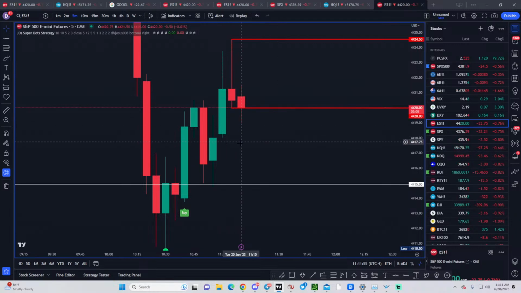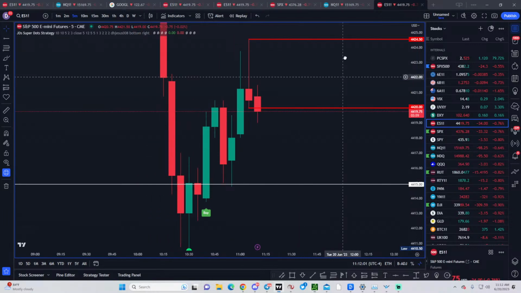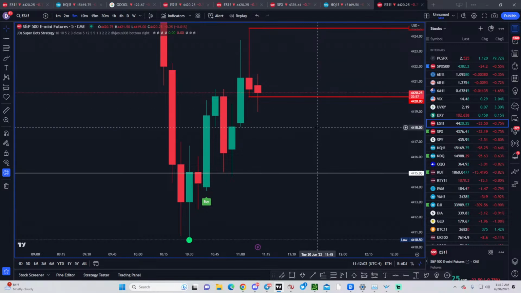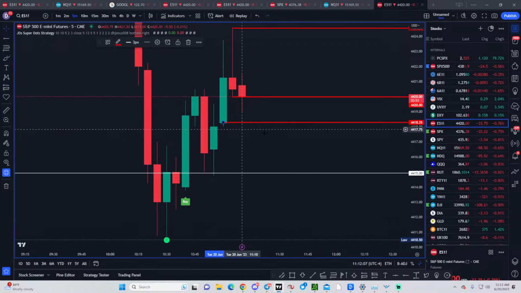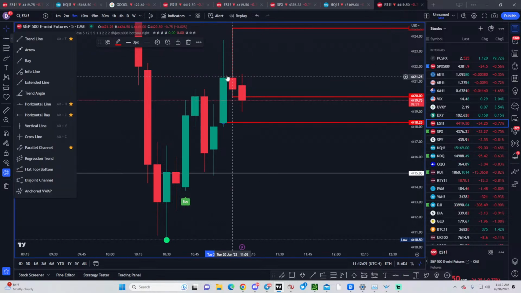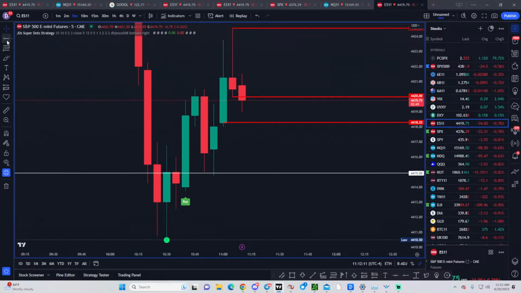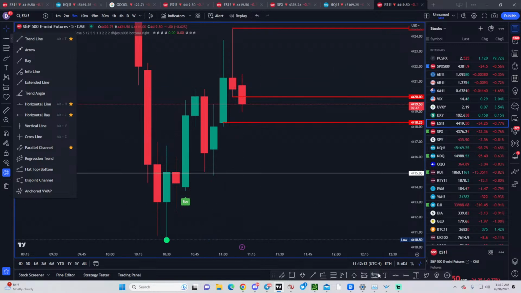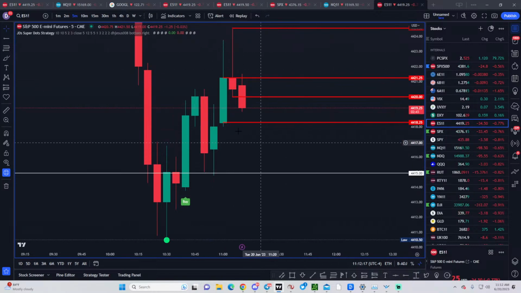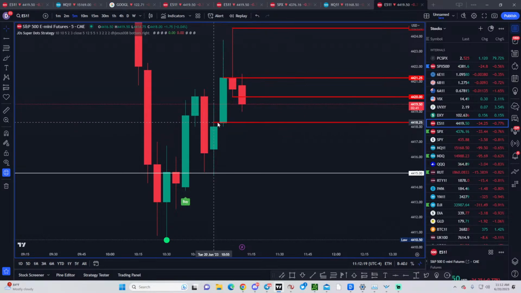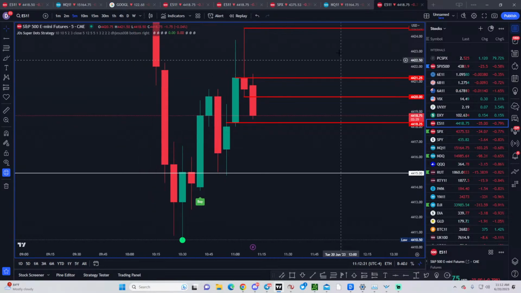The thicker portion is called the body of the candle. So body of the candle, high and low, and every candle has an opening and a close. So the body dictates the opening and the close. It opens and it closes there. So what you're seeing here is pretty simple.